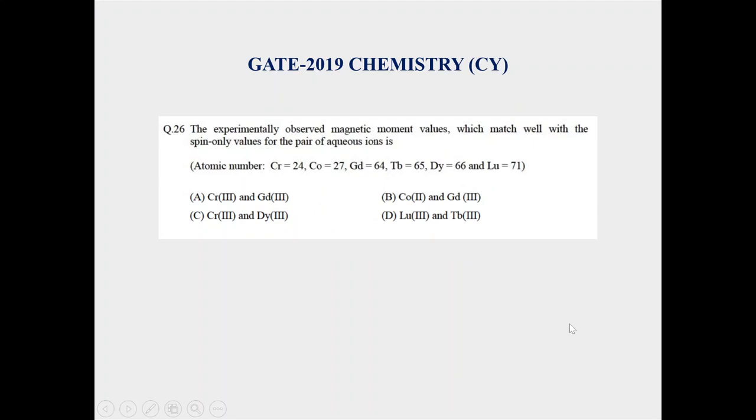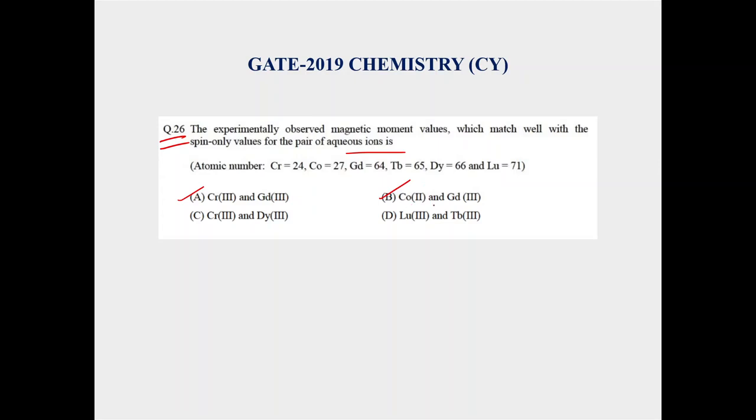So the next question is question number 26 from 2019. The question is: the experimentally observed magnetic moment values which match well with the spin-only values for the pair of aqueous ions is. The given options are option A, chromium plus 3 and gadolinium plus 3.